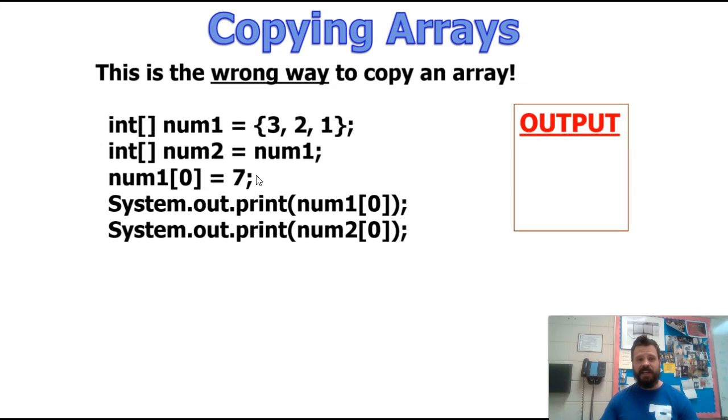But the issue with that is, like we've seen with other objects, if I then reset the value at index 0 of num1 to 7, when I print off the value of num1 at 0, we're going to get the 7. But we're also going to get the same thing when I print off the value of num2 at 0. Because what we have happening here is two different references pointing at the same array, this 3, 2, 1. So when I affect one, it's going to affect both of them.